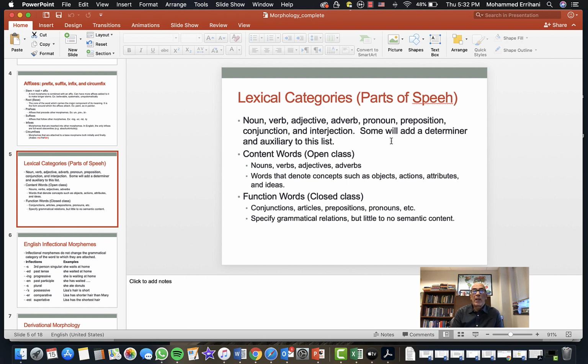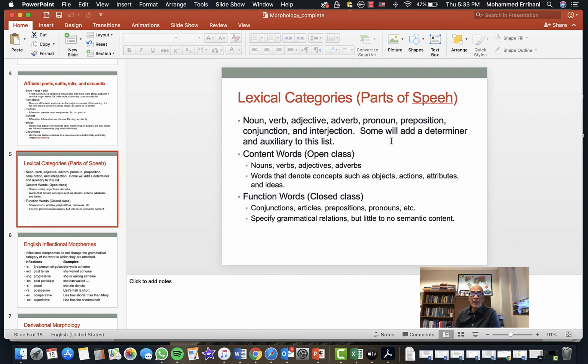Now these lexical categories are divided into 2 parts, what we call content words and function words. Content words are an open class of words, and they consist of nouns, verbs, adjectives, and adverbs. Why do we call them an open class? It's because you can add to this class. You can add new nouns, new verbs, new adjectives, new adverbs.